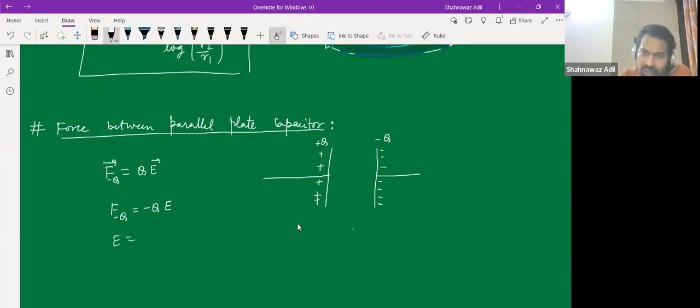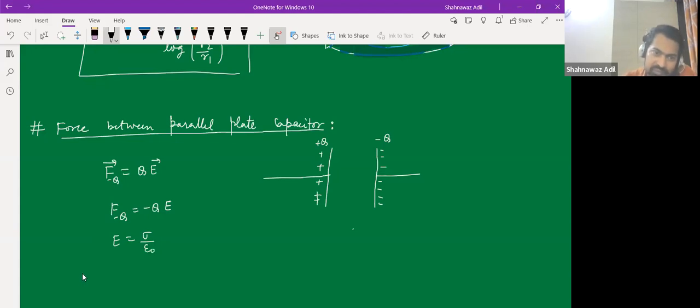This you already know. Okay, forgotten. What is the electric field inside the plate? I don't remember. So this is sigma by epsilon naught, right?